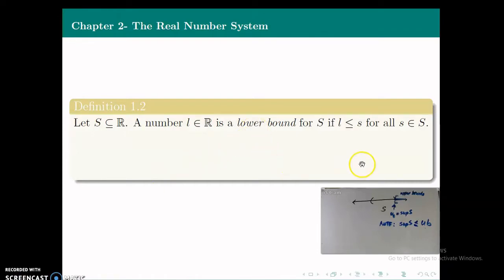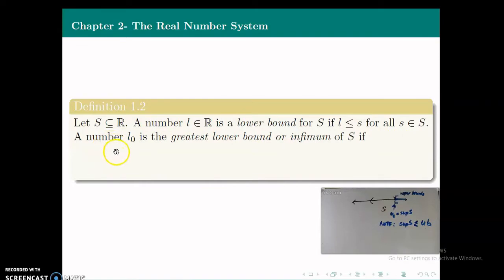Okay, for the lower bound of S, we let the subset S of R, and then a real number L is a lower bound for S if L is less than or equal to S for all elements of S. Then this real number L sub 0 is the greatest lower bound or the infimum of S if the two conditions are satisfied.